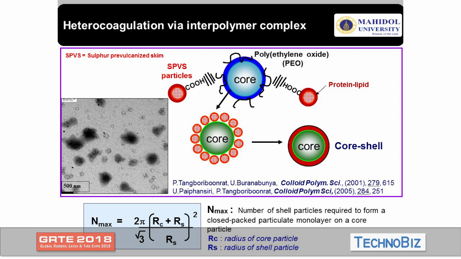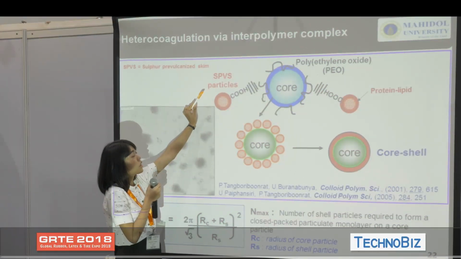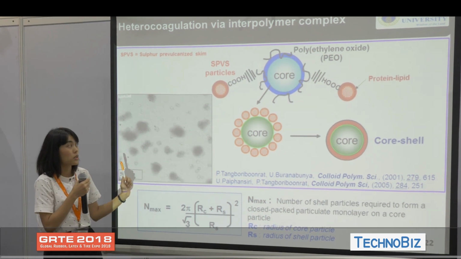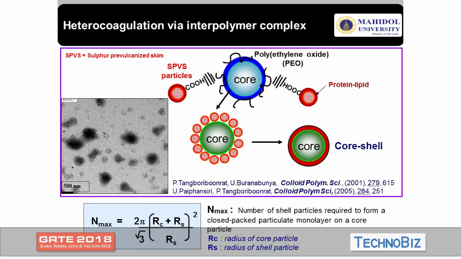However, we would like to reduce the preparation steps of the medical glove containing disinfectant nanocapsules. So we modified the nanocapsule by coating its surface with a latex layer before insertion into the glove, and we used sulfur prevulcanized skim, or SPVS, particles to coat the PMA nanocapsule.